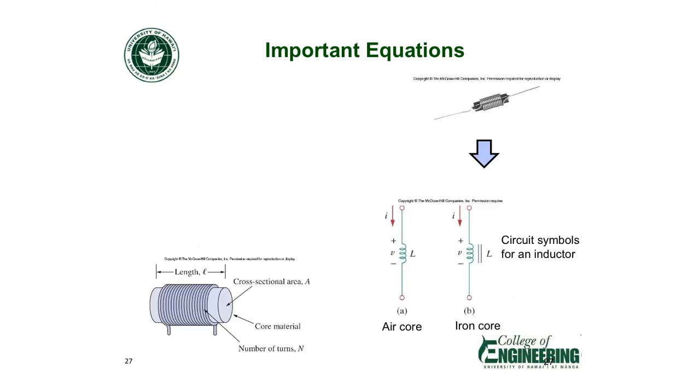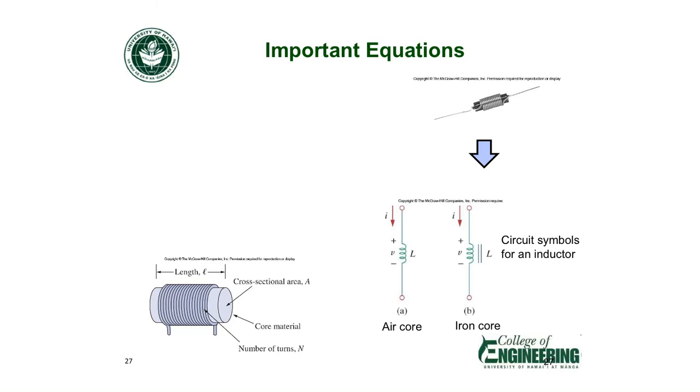Okay, so here's that coil inductor. It's just a spiral of wire around the core, and that's why the circuit symbols for an inductor just look like a coil of wire. For inductors, we can define some important parameters.